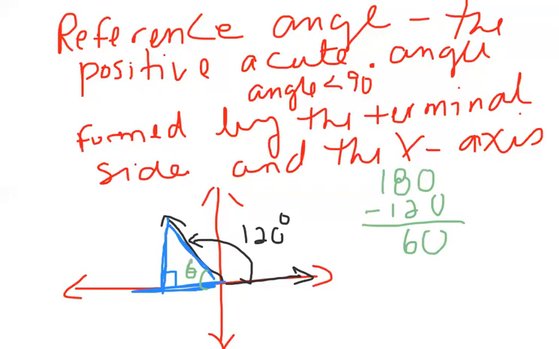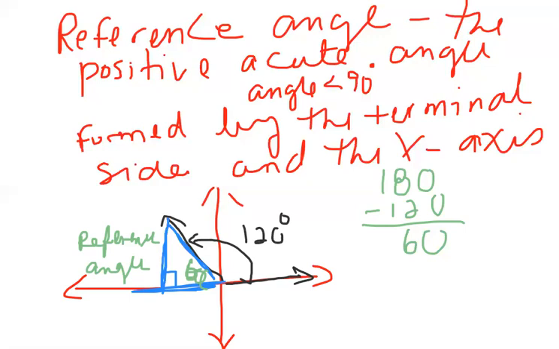So this angle right here, guys, is going to be 60 degrees. Okay? So this angle right here would represent your reference angle, just like that. We're done. Now, there's more to be said about the reference angle. Obviously, there's a reason why we're doing it. So hang on there, guys, okay? We're going to come back to it very shortly.